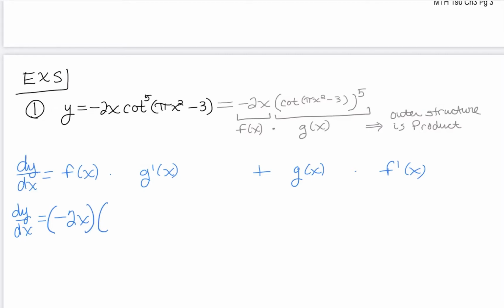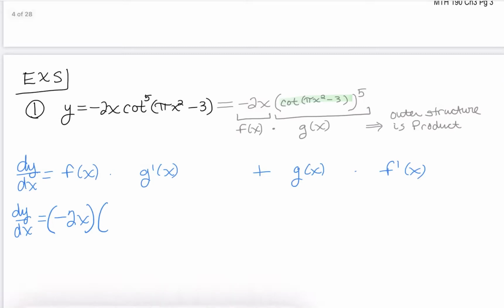Now, times g prime. This is the hardest piece of this whole structure because now I need to look at g itself and think about what is its outermost structure. So g is this cotan to the fifth function. And its outermost structure is an inside function, the cotangent, being raised to the fifth power.